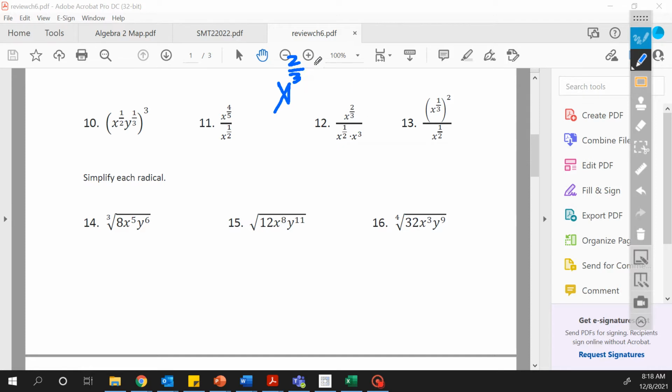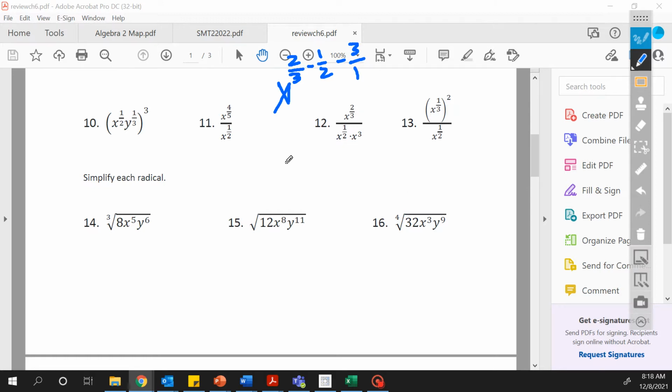We have to subtract the exponents on the bottom, so subtract a half and subtract 3. I'm going to put this in the calculator real quick just so I can quickly do this. So 2/3 minus 1/2 minus 3.